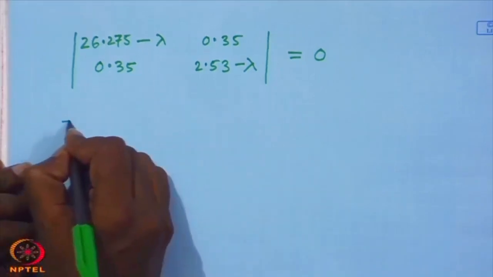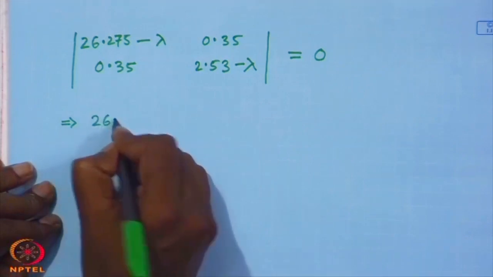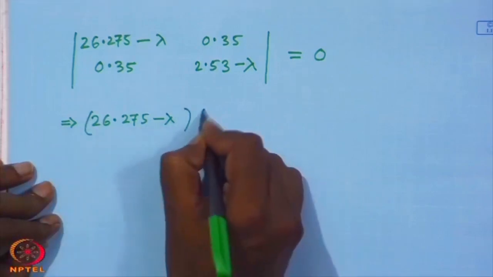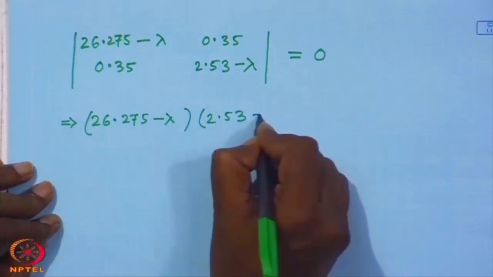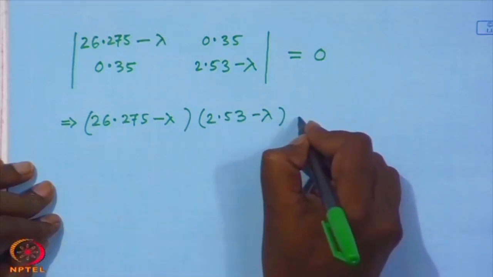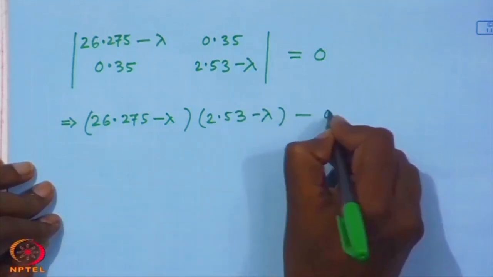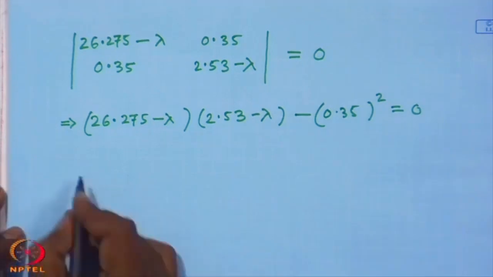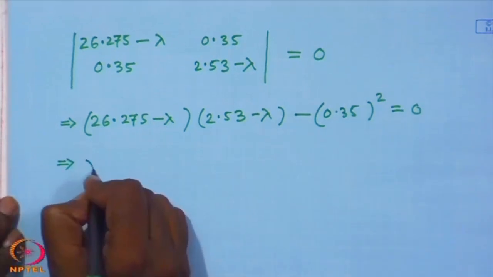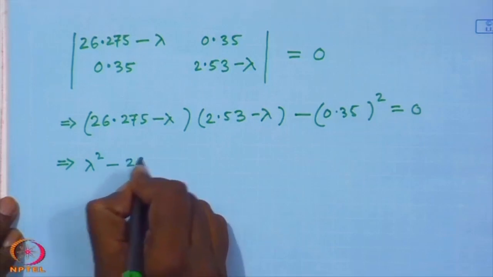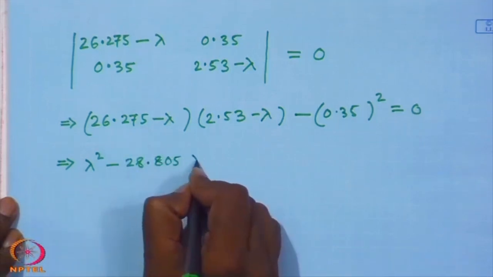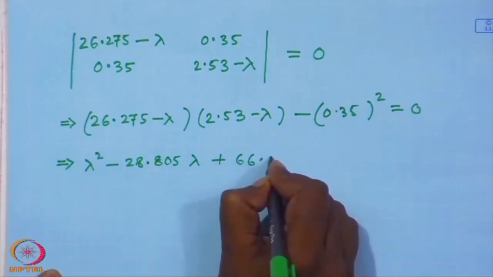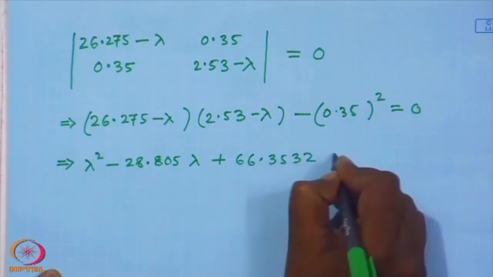This equation leads to (26.275 minus lambda) into (2.53 minus lambda) minus 0.35 square equal to 0, which reduces to lambda square minus 28.805 lambda plus 66.3532 equal to 0.